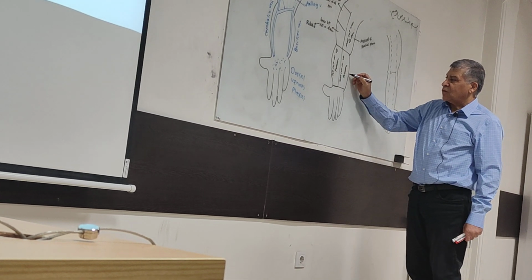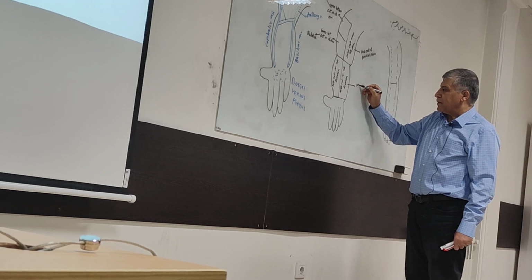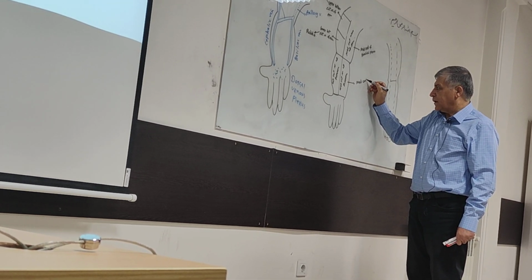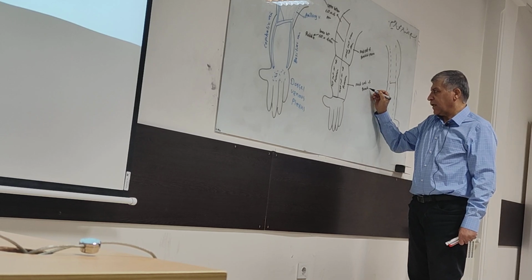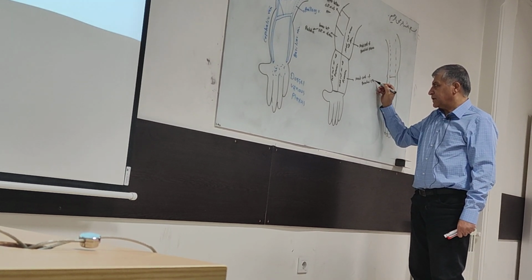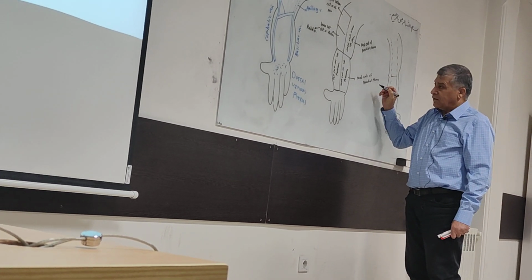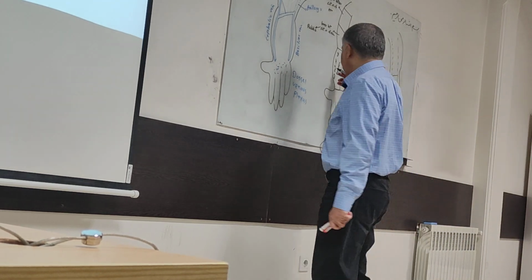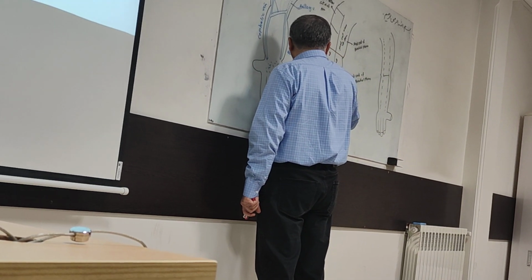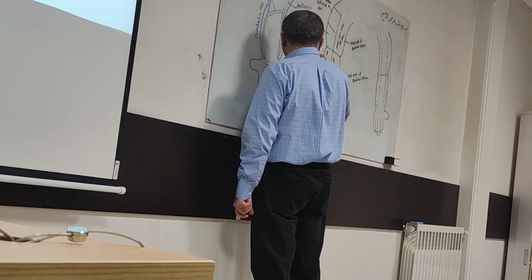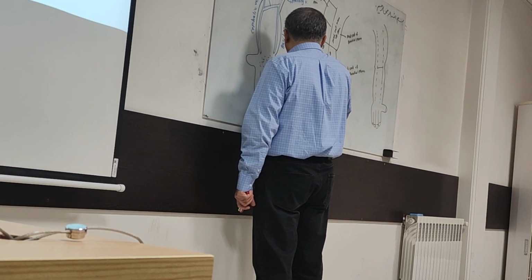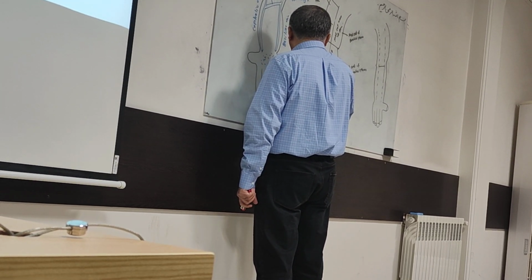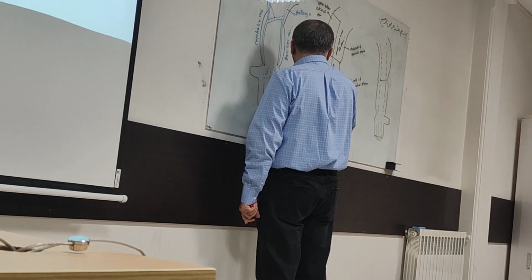Medial cutaneous nerve of forearm is a branch of the medial cord of the brachial plexus. Lateral cutaneous nerve of forearm is a branch of the musculocutaneous nerve.